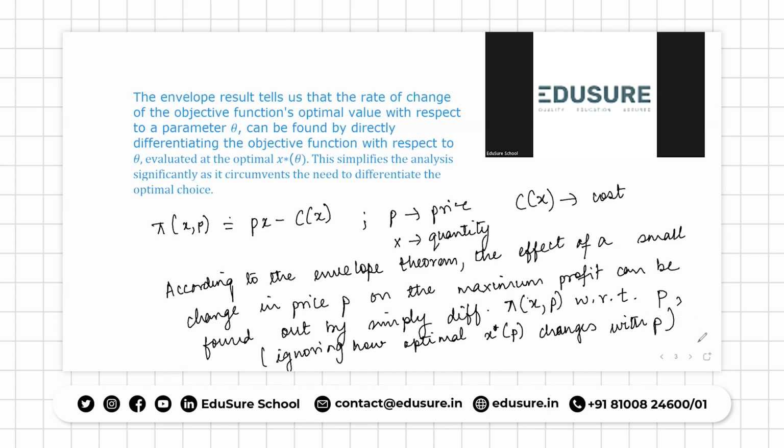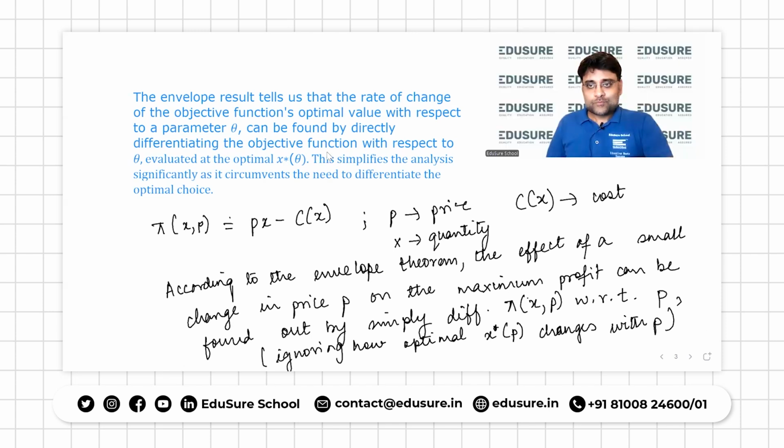Okay. Now, why is this so essential? Why is this tool, the envelope theorem, so essential? It is essential in economic theory because, say, when we do comparative statics, like in consumer behavior, we ask as income changes, what is the effect on the optimal utility? If the prices are changing, what is the effect on the optimal utility?